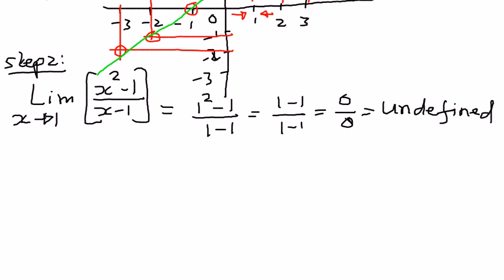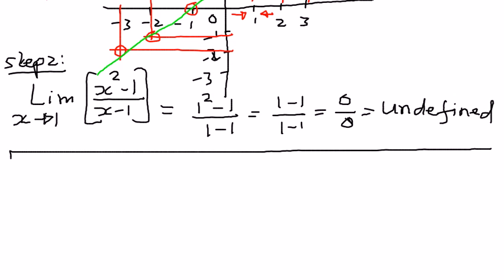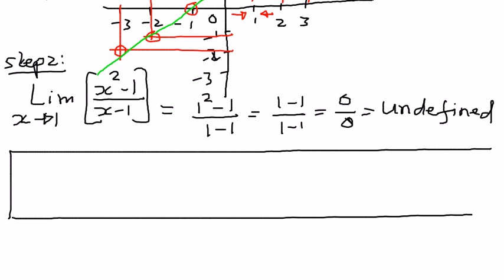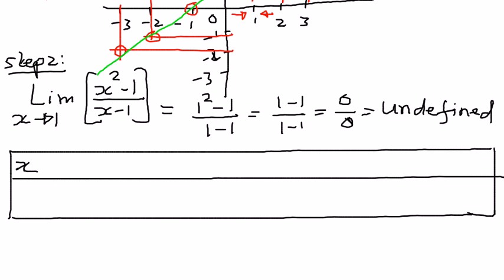So let me construct another table of values in here, and in this case I am going to give values to x and find the corresponding value of the function. And in the middle of the table, I'm going to say as the value of x approaches 1, the value of the function is going to be undefined. I'm going to represent undefined as u and d for simplicity's sake.